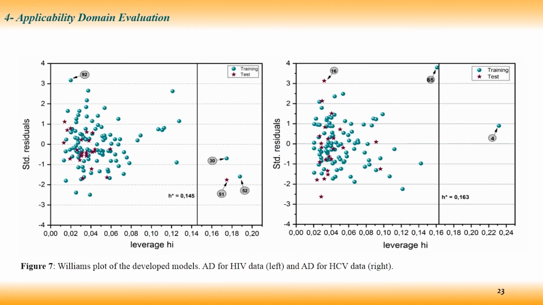Finally, for these two data, these two graphs show the Williams plot, which is developed for the two models, and it has been shown that almost all the compounds are in the space of the applicability domain of these two datasets, and also only 4 compounds were outside the applicability domain for the HIV data shown in the graph in the left.